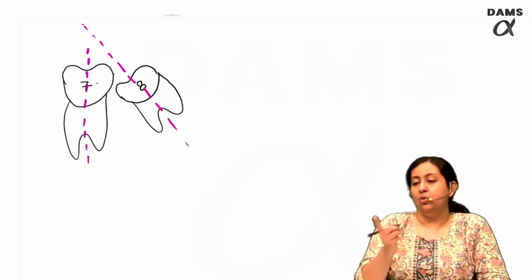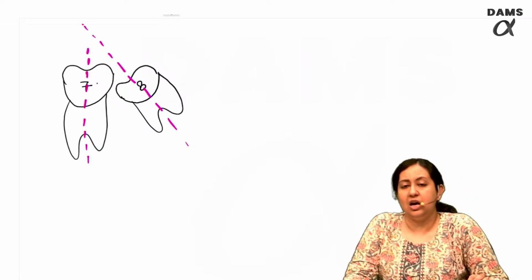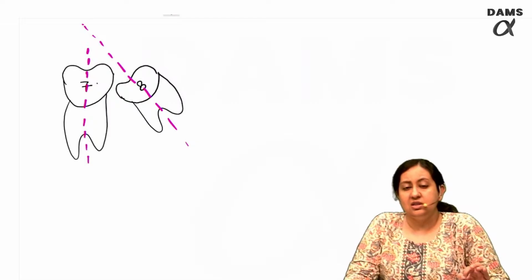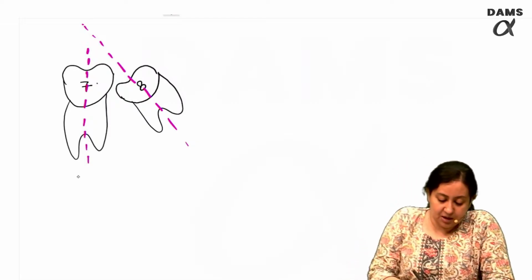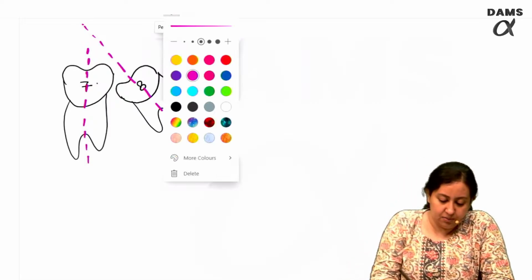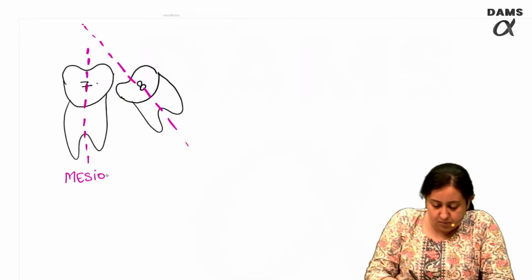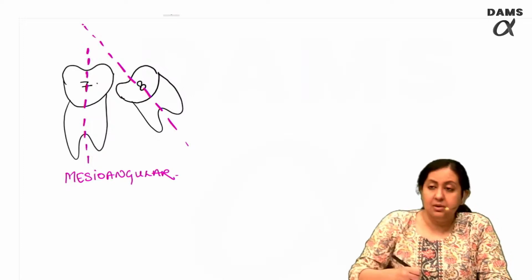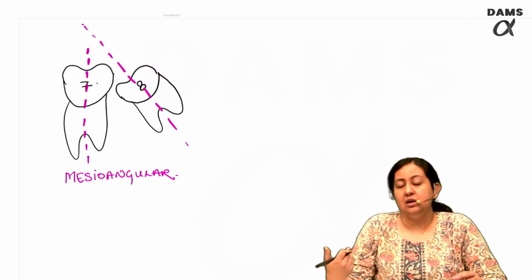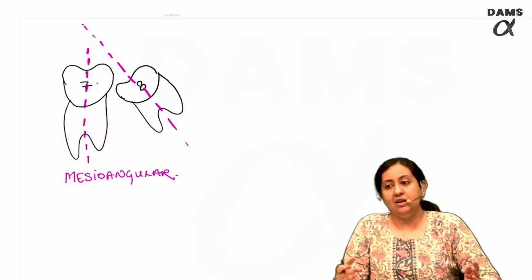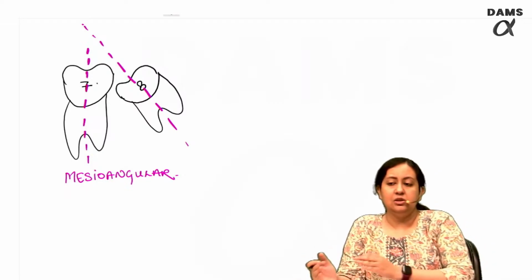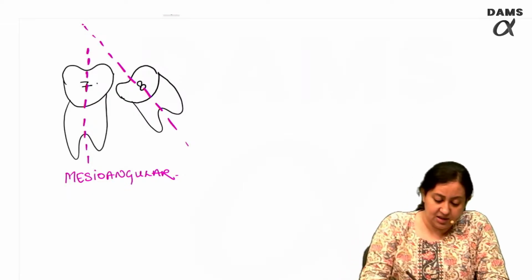This is going to go mesial to the long axis of the second molar. So this becomes mesioangular. Similarly, distoangular, that means the long axis of 8 will fall distal to the long axis of 7.